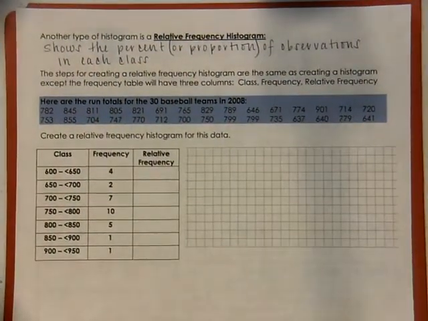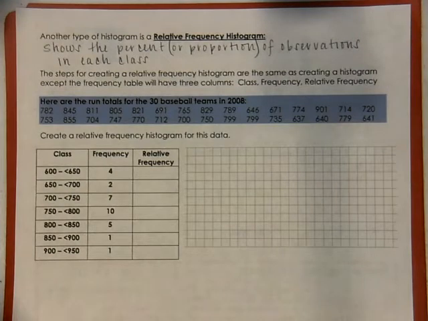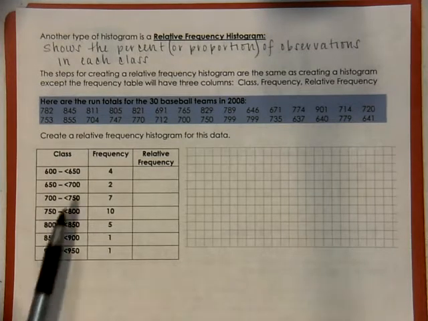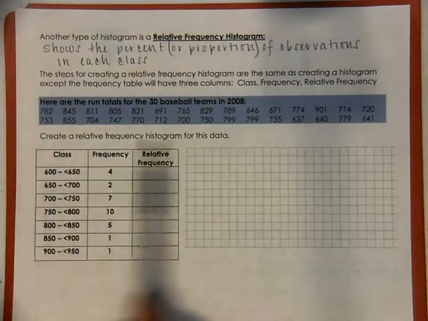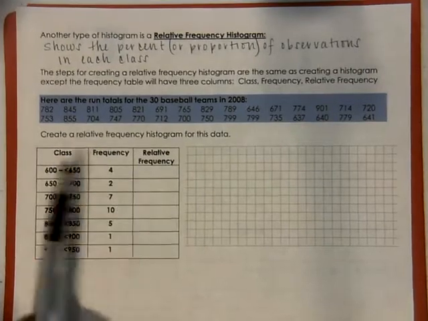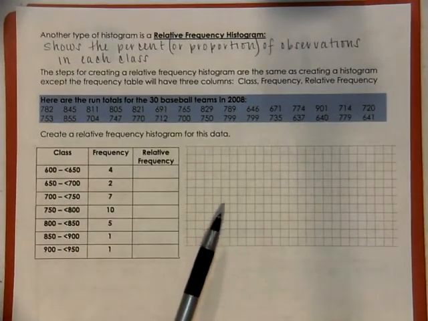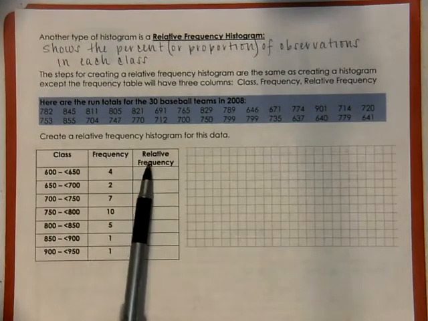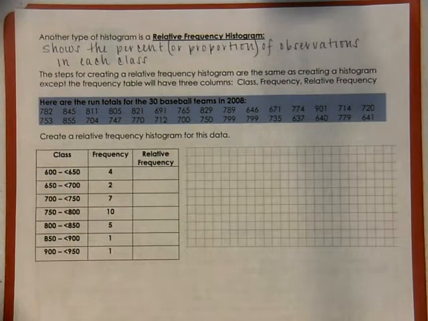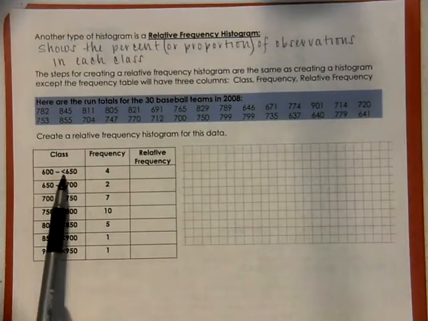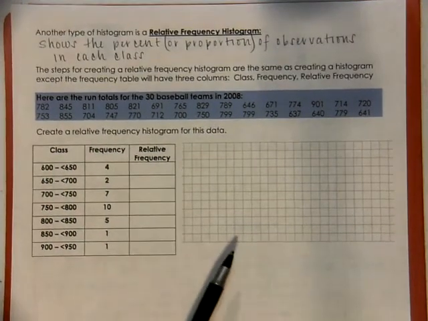The steps for creating a relative frequency histogram are the same as creating a histogram that we did on the front page, except the frequency table will have a third column. Luckily on the front we started at 600 and went by 50s. This is the same data from the front: run totals for 30 baseball teams in 2008. This was exactly what our table looked like on the front because these were the classes. We used the same width for our classes and the same starting point, 600.